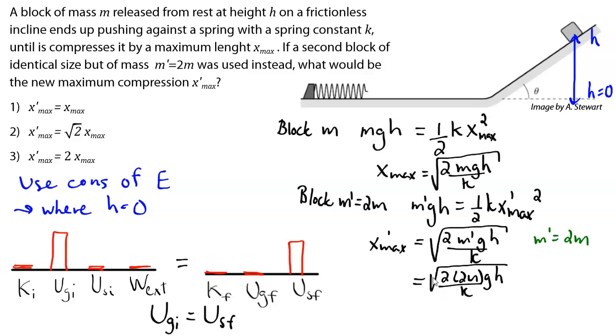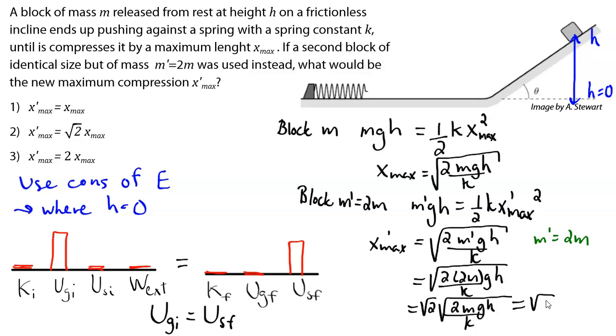But this, I can rewrite so that it will be the same term as what we had there. There's just an extra square root of 2. So I bring it in front so that I have the square root of 2 times the square root of 2mgh divided by k. But that last portion is exactly the same thing as what we had before.